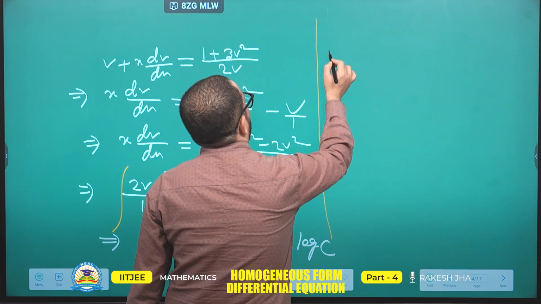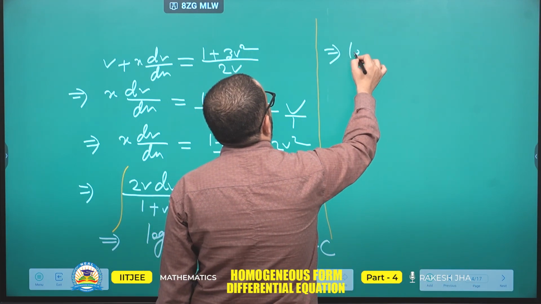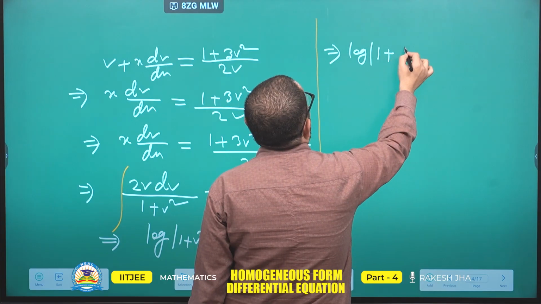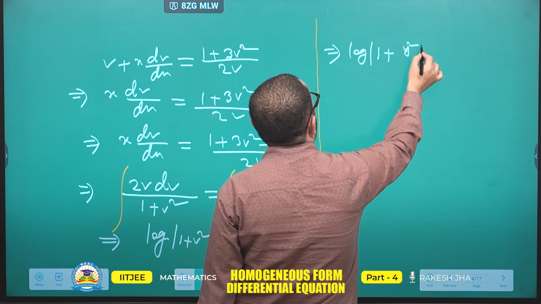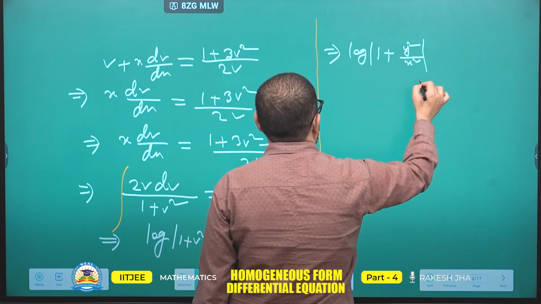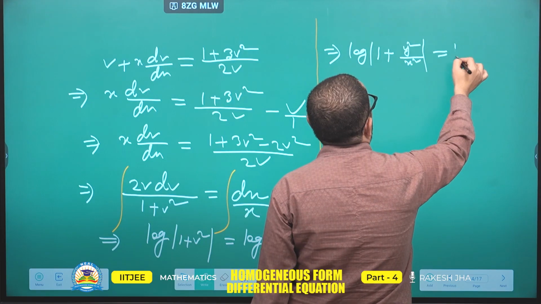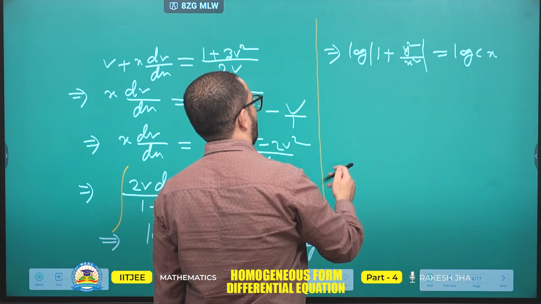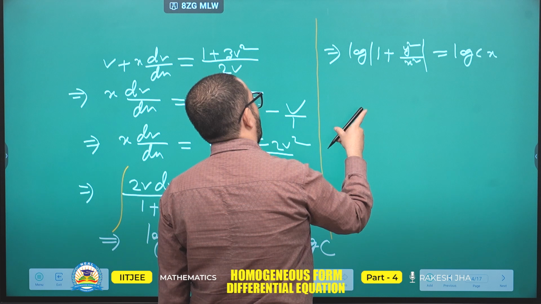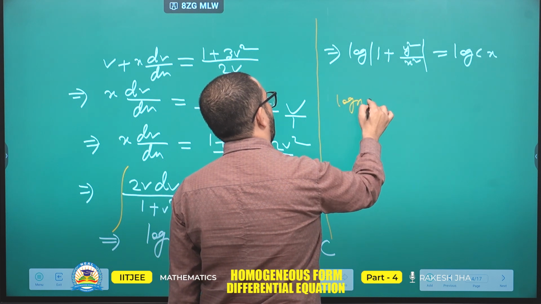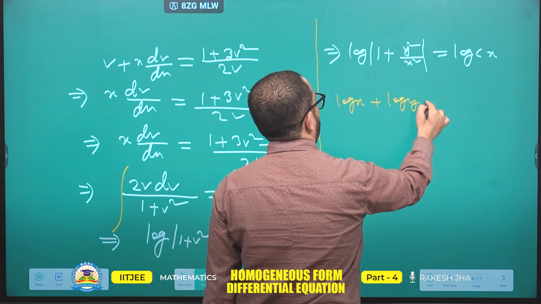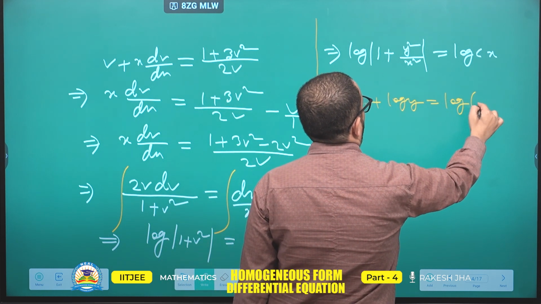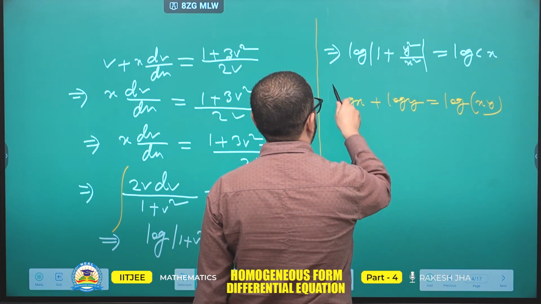So now we have to return the value of v. So log (1 plus y square upon x square) is equal to log of cx, because we know the formula that log x plus log y is equal to log of x times y.